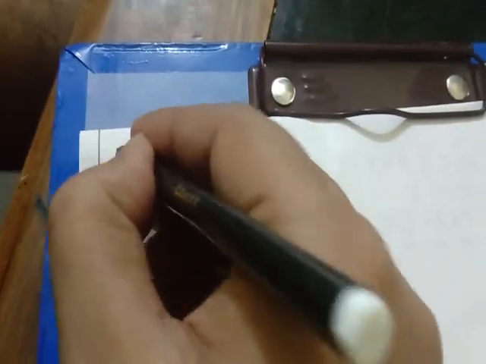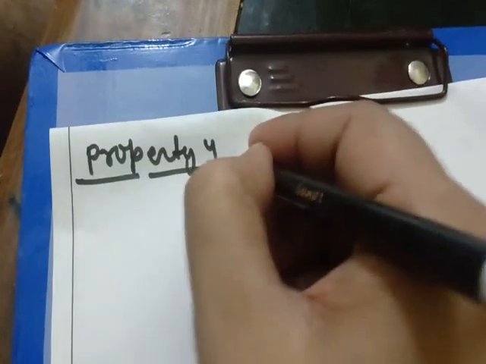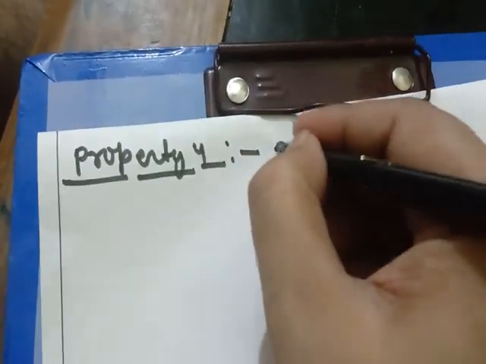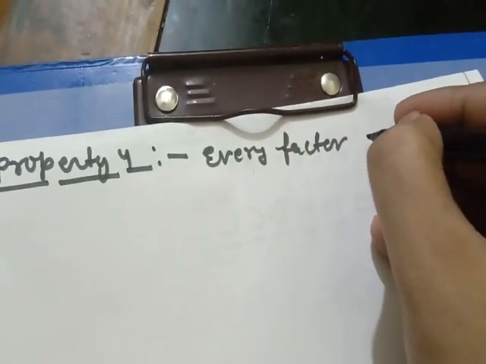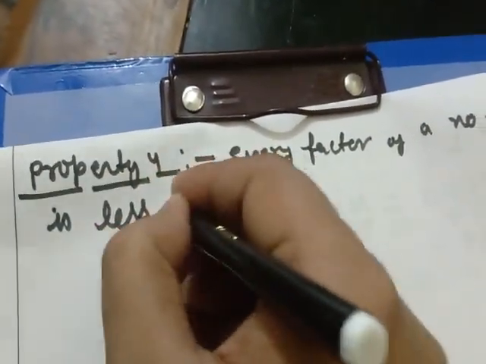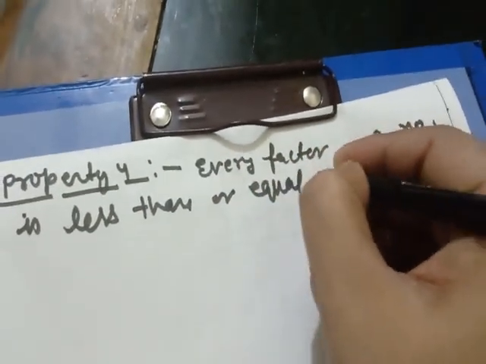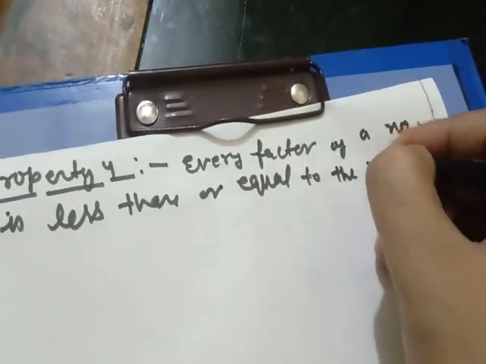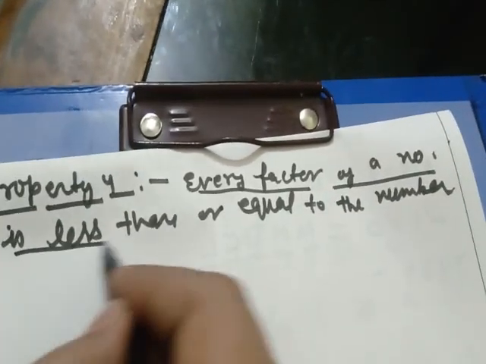Property number 4. In this property, every factor of a number is less than or equal to the number. Listen again. According to property 4, every factor of a number is less than or equal to the number.